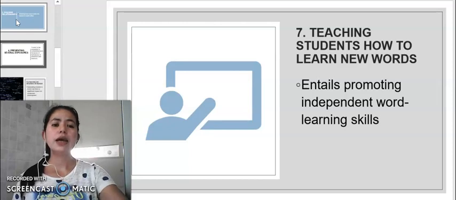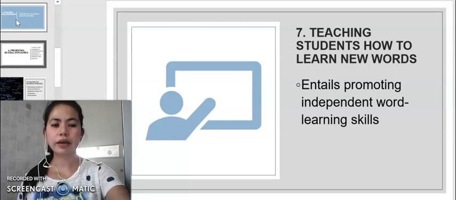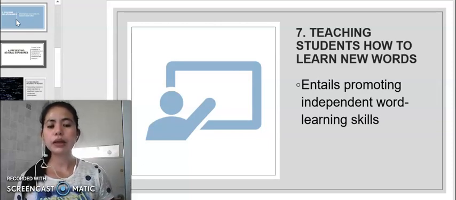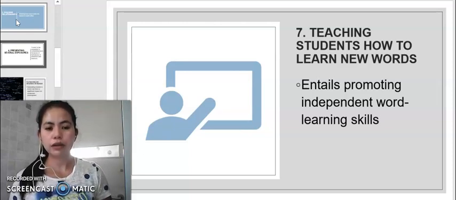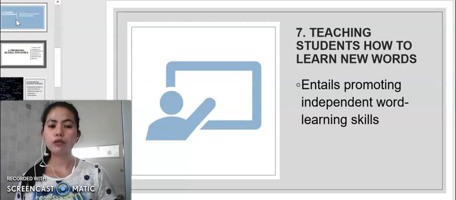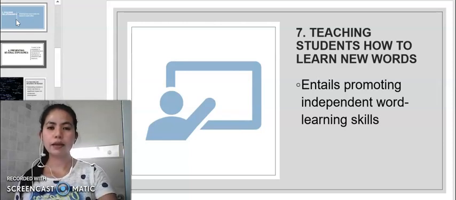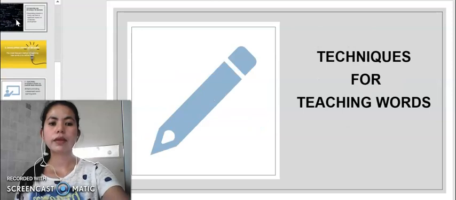And number 7, teaching students how to learn new words entails promoting independent word learning skills. So the teacher shows to the class tools for vocabulary instruction such as context clues, morphemic analysis, and dictionary skills.